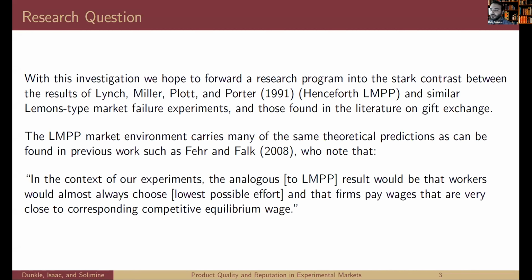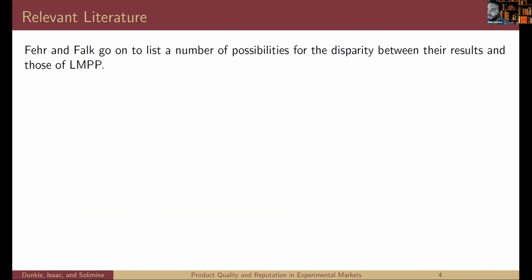So the Lynch-Miller-Plott and Porter environment carries many of the same theoretical predictions as those we might find in works such as Fehr and Falk, who even note that in the context of their experiments, the analogous result would have been that the sellers always choose the lowest possible effort, and the firms pay wages that are as close to the corresponding competitive equilibrium wage, right, which is this lemons market collapse.